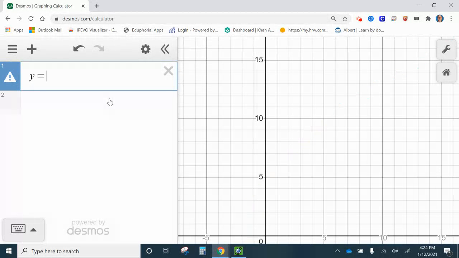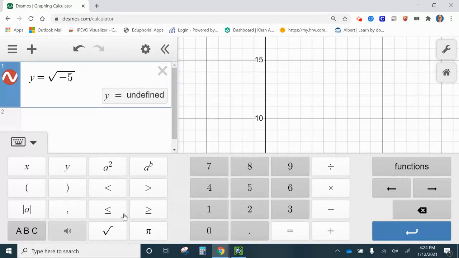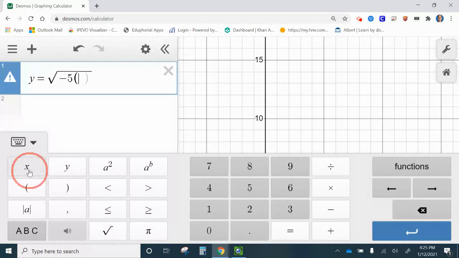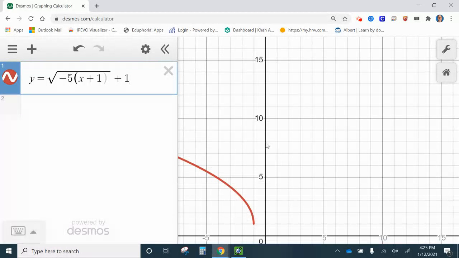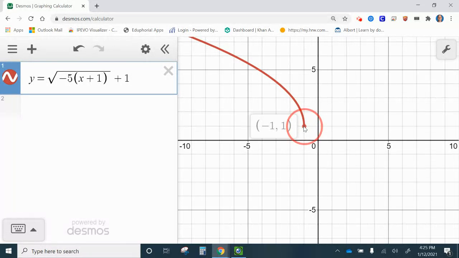Equals the square root of negative 5 parentheses x plus 1, plus 1. Okay, and press the home key usually gets us to the point.